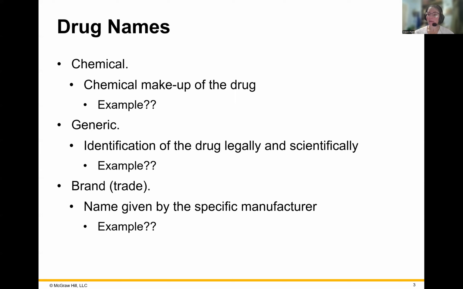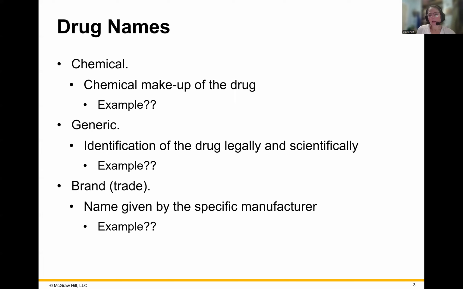But it's the components that are combined together that make one drug that goes into your system. So that's the chemical name. Then the manufacturer has to create a generic name for it. That's where no matter which manufacturer sells it, that generic name is going to stay the same.